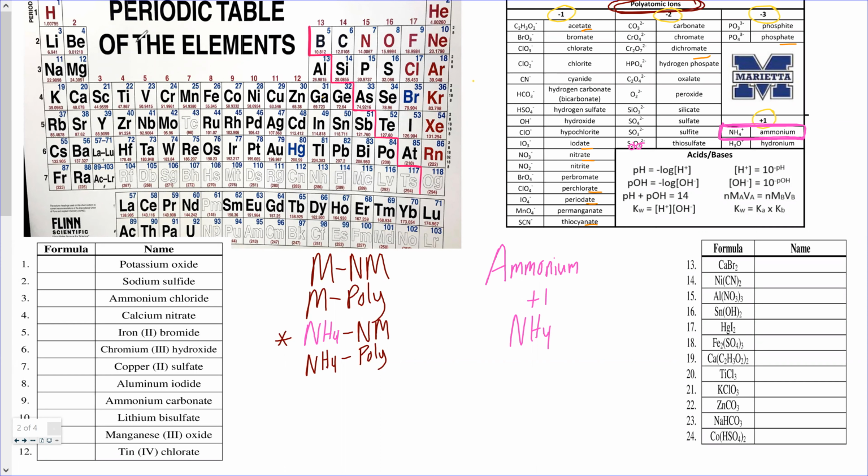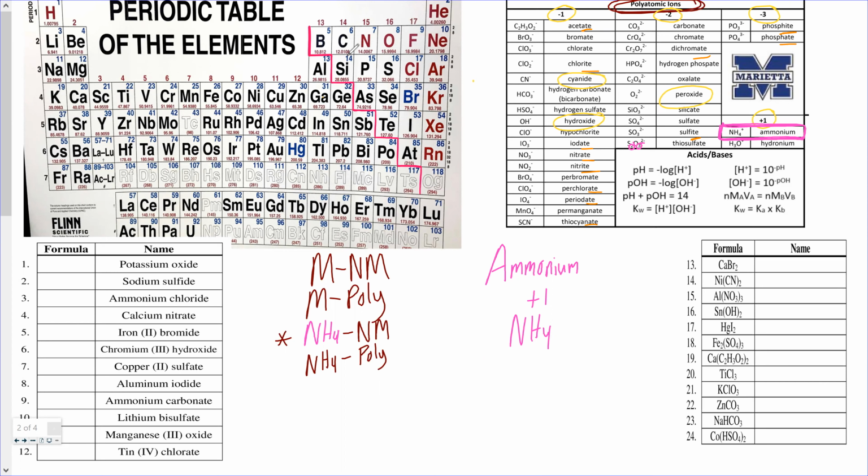Or they end in ite: chlorite, nitrite, sulfite, phosphite. There are only a handful of these, like 3 of them, that don't end in ate or ite, and there's cyanide, that ends in ide, hydroxide, and peroxide.